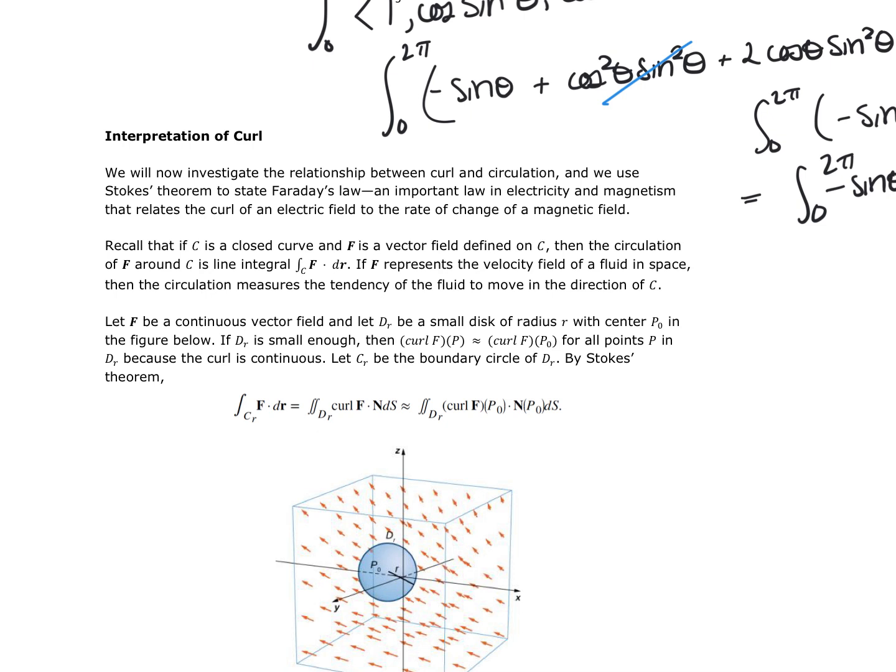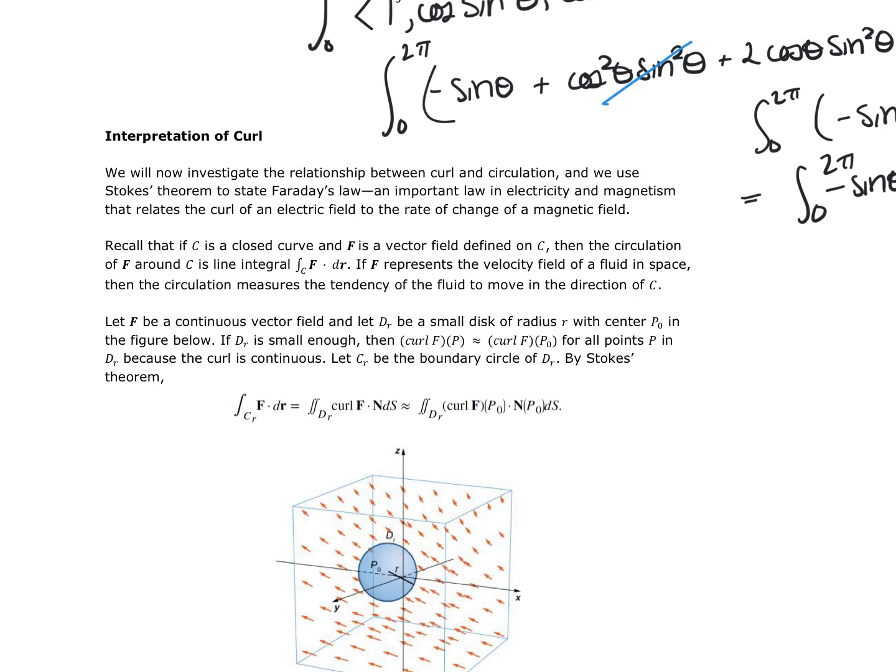Let F be a continuous vector field. Let D sub r be a small disk with radius r centered at P naught in the figure below. If D sub r is small enough, then the curl of F at P is approximately the curl at my P naught for all points P in D sub r, because the curl is continuous.